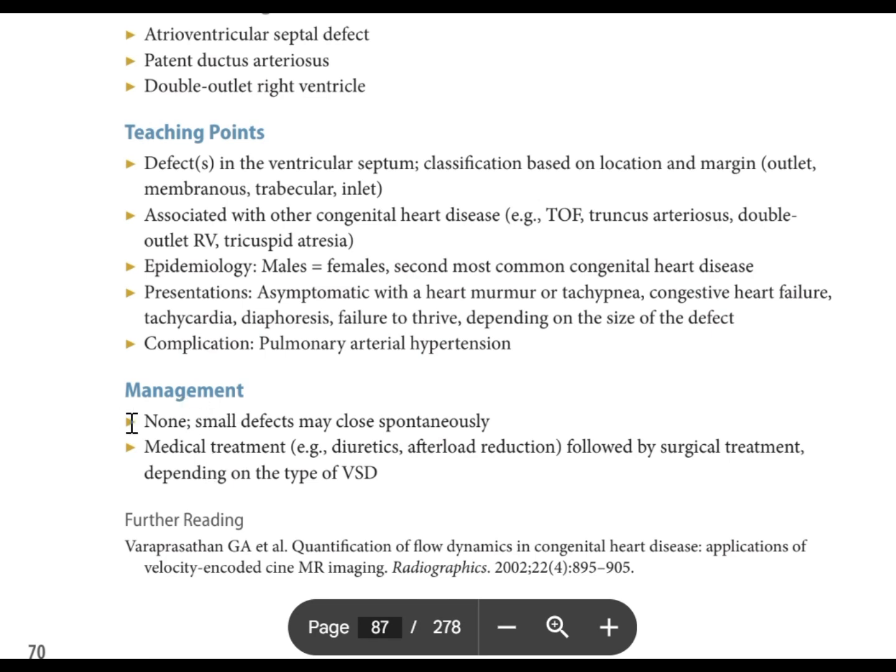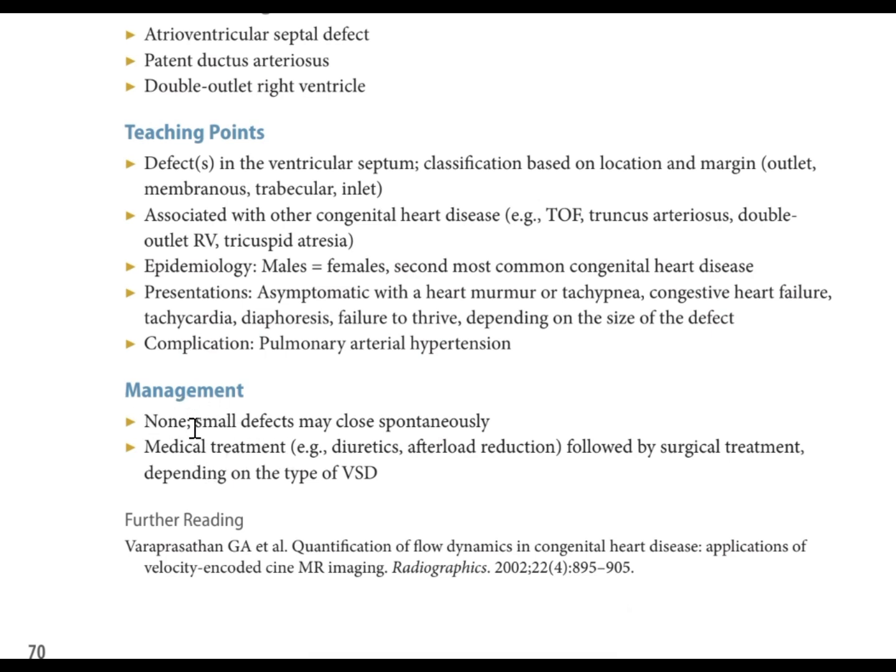Management: if the patient is asymptomatic or has a small defect, it may close spontaneously. However, medical treatment is for the symptomatic larger VSD. The medical treatment is diuretics for afterload reduction, followed by surgical treatment.